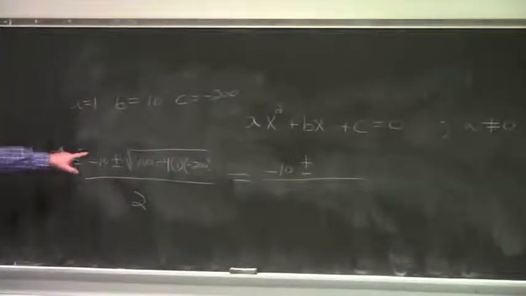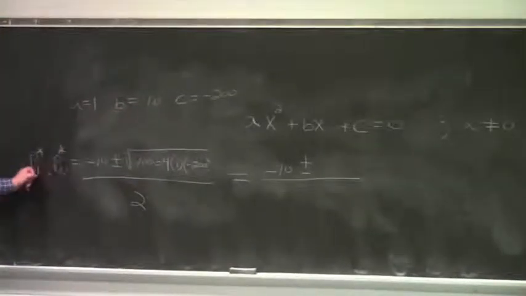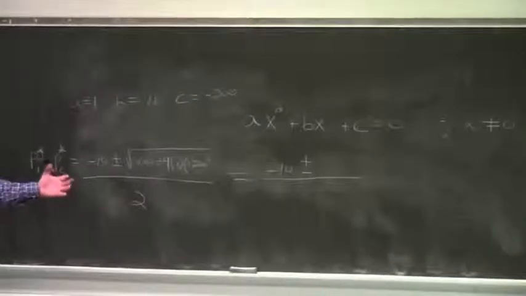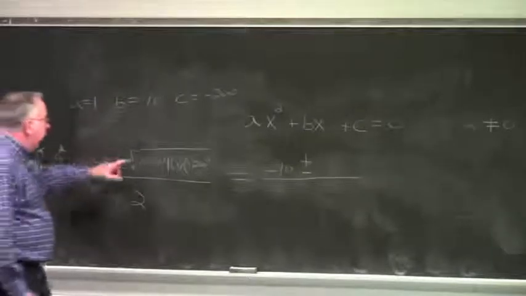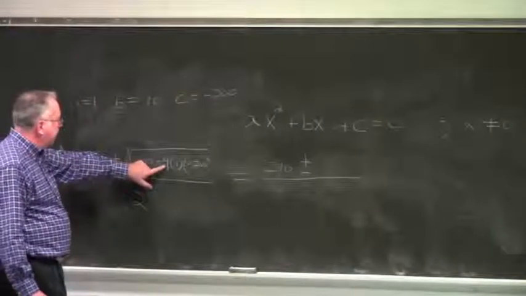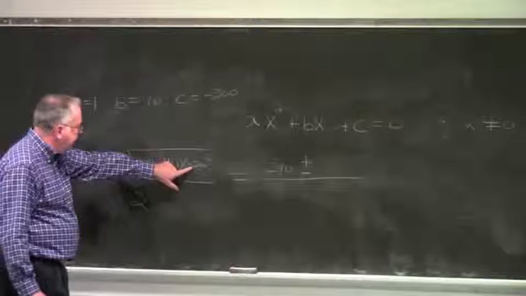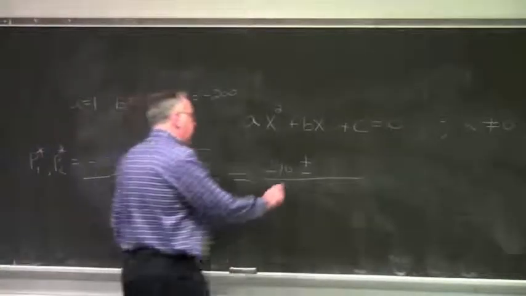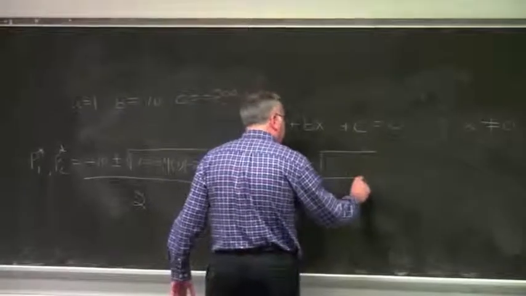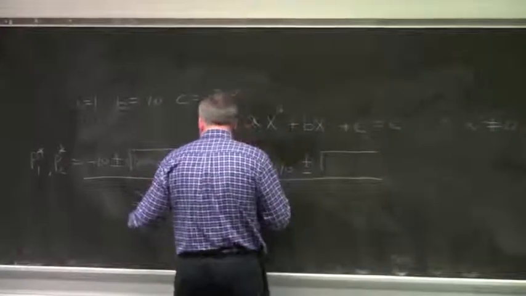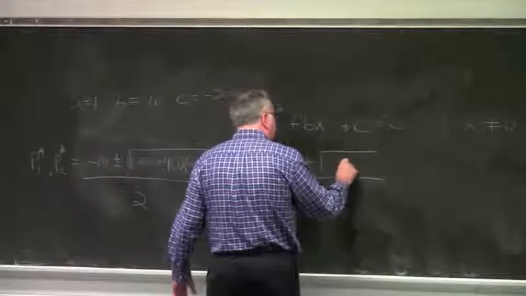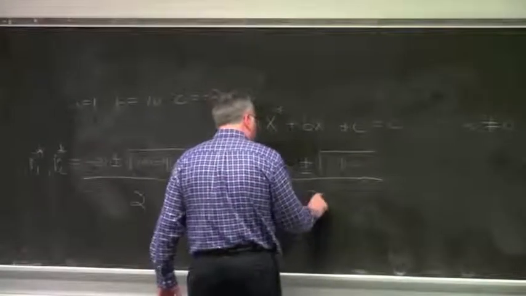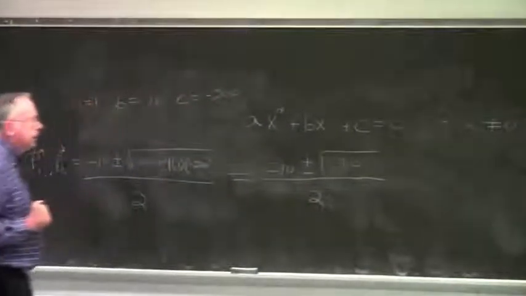And the plus or minus gives us the two different roots. One for a plus, the other for a negative. So this is 100. This is minus 4 times the minus 200 is 800. So we have the square root, if we add, of 900 over 2.